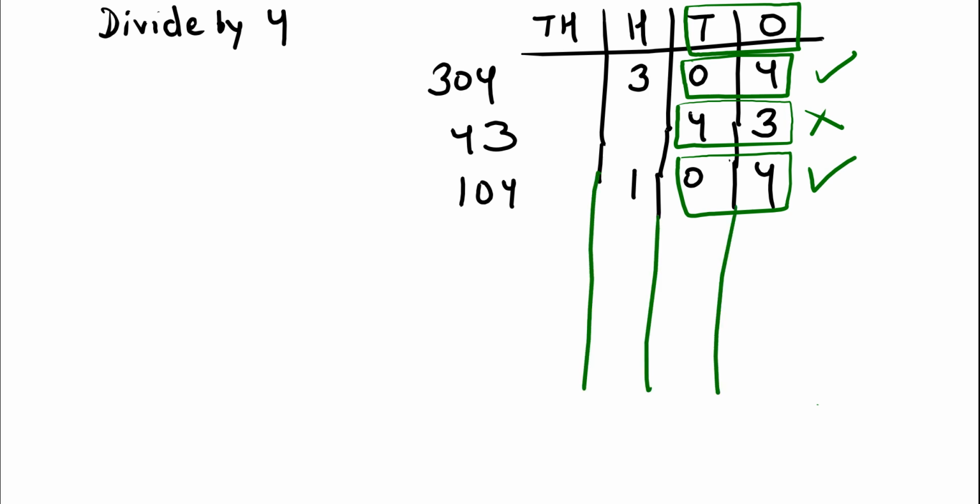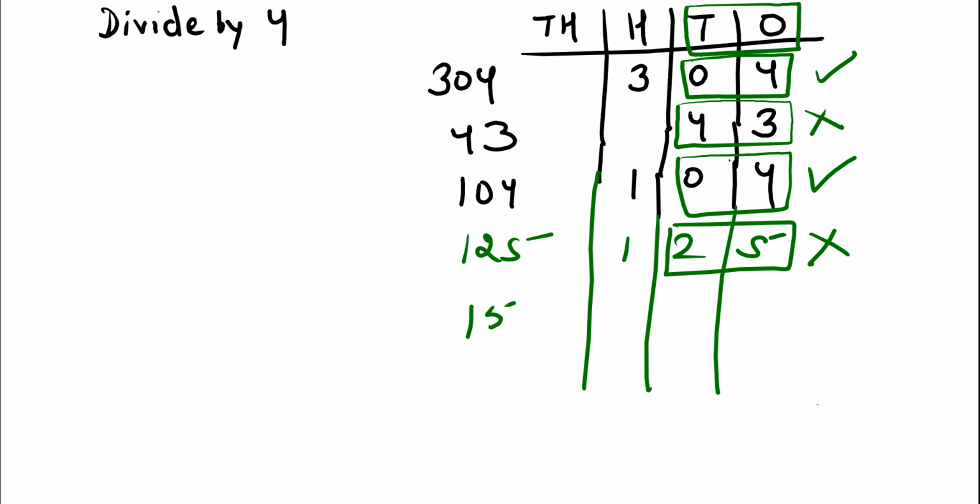So this should be divisible by 4. 43 is not coming in the table of 4, so it won't be divisible by 4. 04 is itself 4, so it would be divisible by 4. Let's enlarge the table and take more numbers.